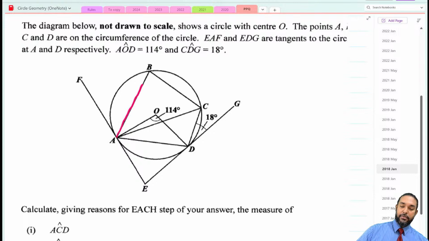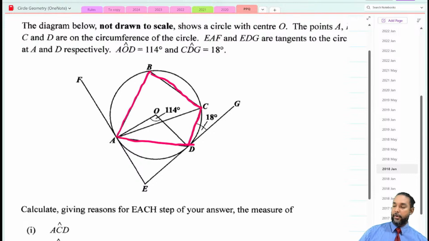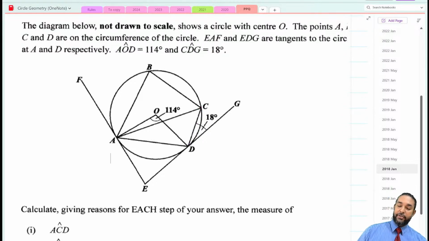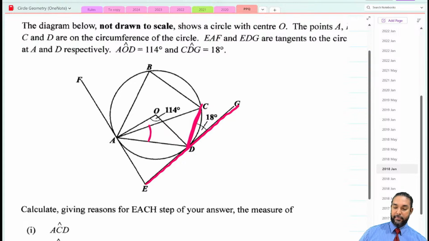Now we also have a cyclic quadrilateral popping up there. So we have a few things on the inside. We also have a tangent and a chord, so that angle is equal to the angle in the alternate segment.